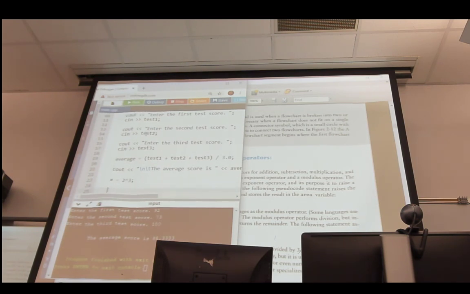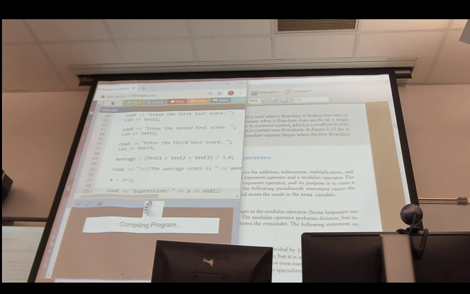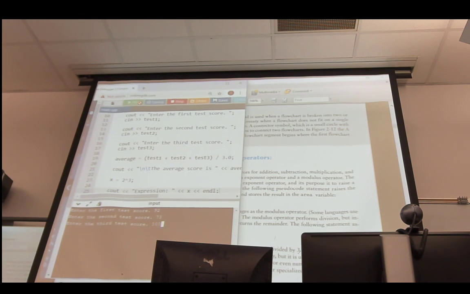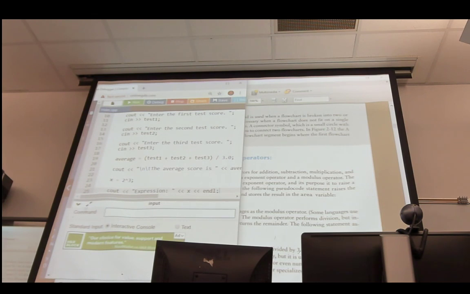But let's see. Like I say, some compilers it'll work, but some compilers don't. All right, so I'll run it. See, it gave me 1.